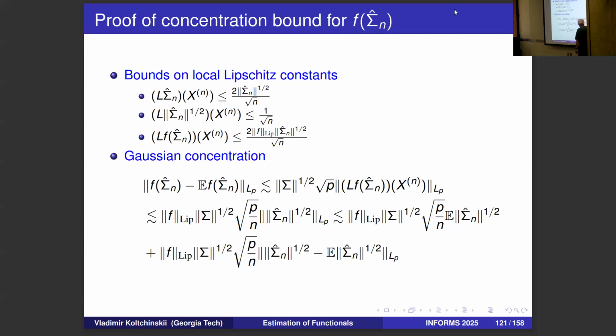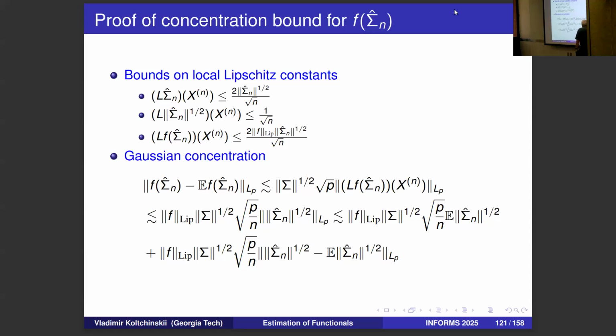One term will be the expectation of the square root of this guy, and another term will be the LP norm of this difference. And as I mentioned here, this is Lipschitz, it has Lipschitz constant 1 over square root of n. So for this, we can immediately apply the concentration inequality again, right? So it's kind of an iterative application of the concentration inequality.